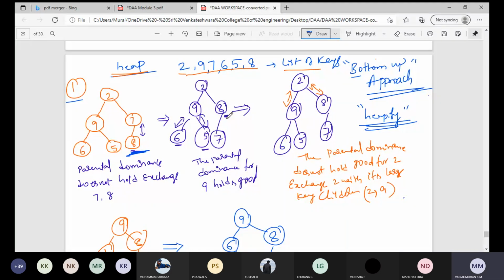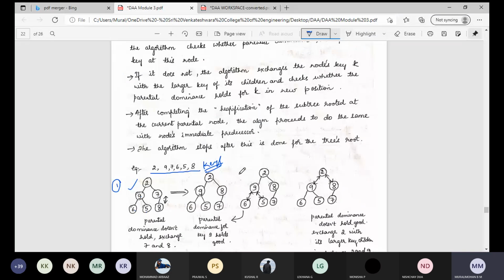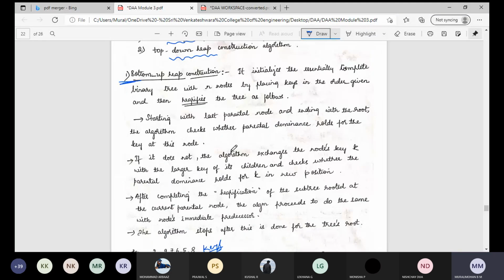You just observe here, right? Now we will go through this clearly, and you will understand these points very clearly. First, it initializes an essentially complete binary tree with n nodes by placing keys in the given order, then heapifies the tree as follows.